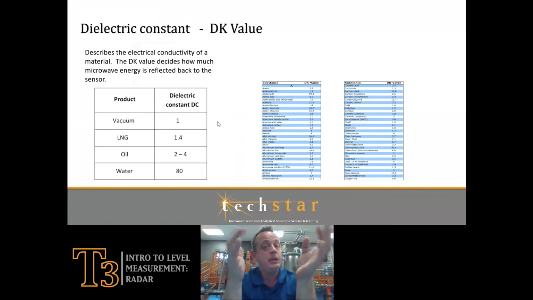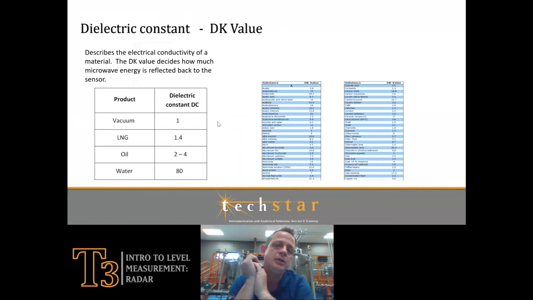So we've talked about beam angle. Now we're going to talk about dielectric value. That's basically the electrical conductivity of whatever this radar microwave beam is hitting. A larger dielectric value item, such as water, which you can see here has a dielectric value of 80, will give you a much larger echo.